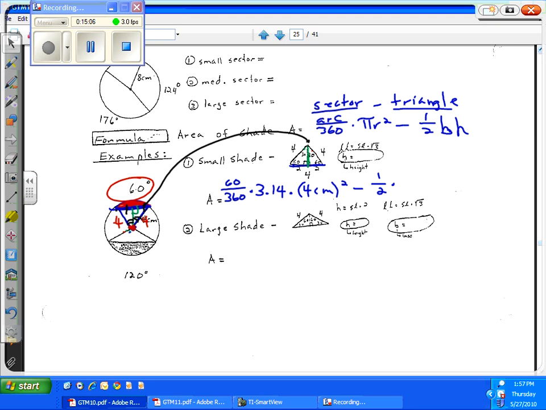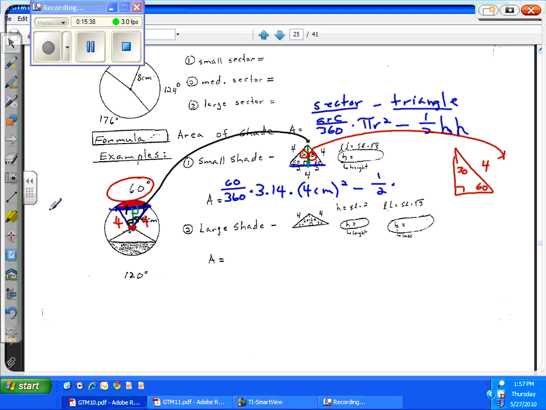The bisector of the vertex angle of an isosceles triangle is perpendicular to the base at its midpoint. So that 60 got cut into two 30s. Now that's a little bit hard to see, so I'm going to come over here and just take the one on the right and blow it up just a little bit. So what we have is a 30, 60, 90 triangle, and we know that that's 4.